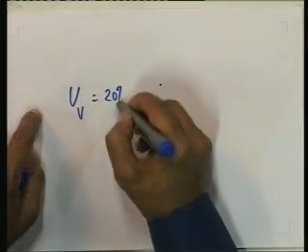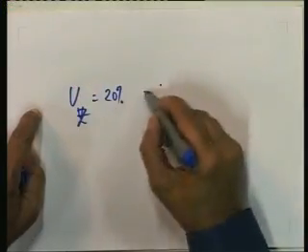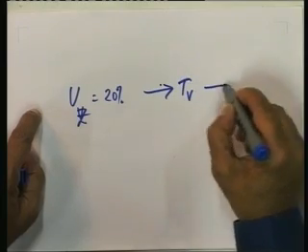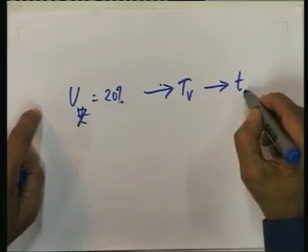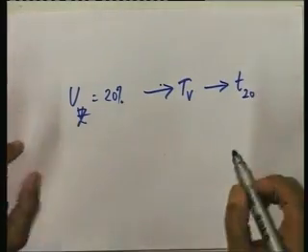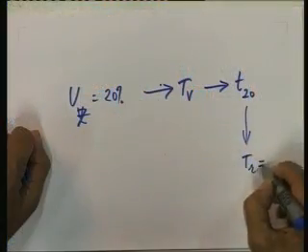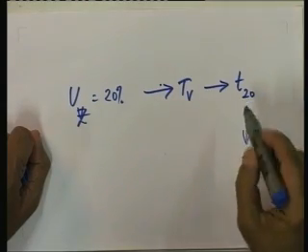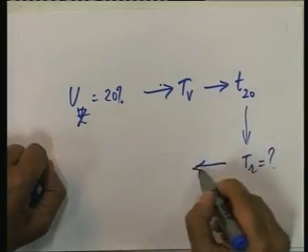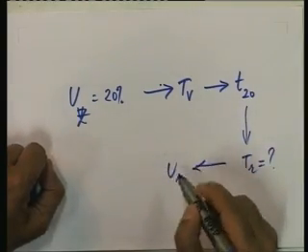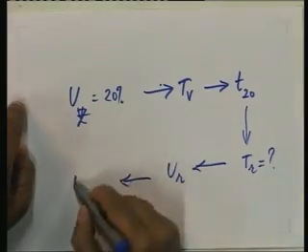For a UV or UZ of 20%, what is the corresponding TV and what is the corresponding small t, 20. Now, at the same time, if sand drains are provided, what will be TR, and therefore what will be UR, and therefore what will be U?